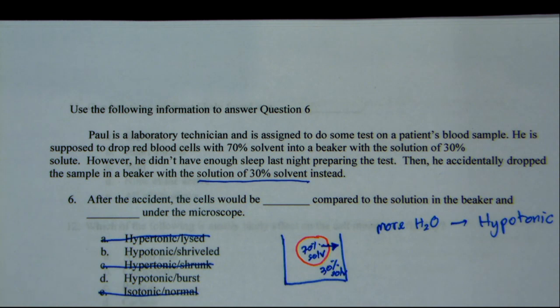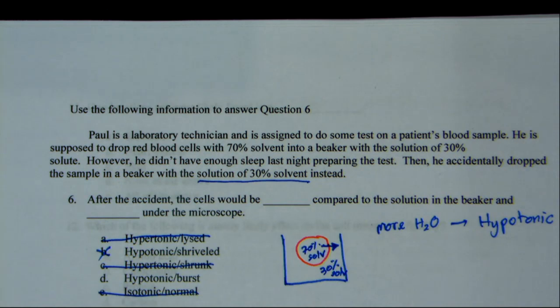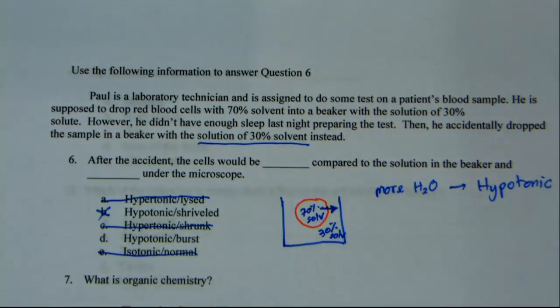And then if the water is going out, does the cell shrivel or burst? Shrivel. So the answer is B here, okay? So you need to know the different terms, shrivel, shrink, the synonyms of those, which could be used on the exam as well, okay?